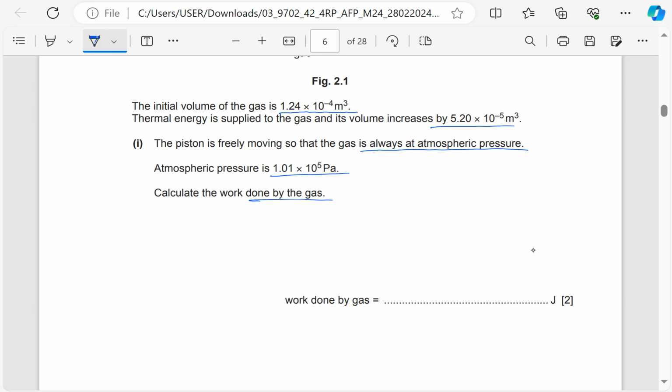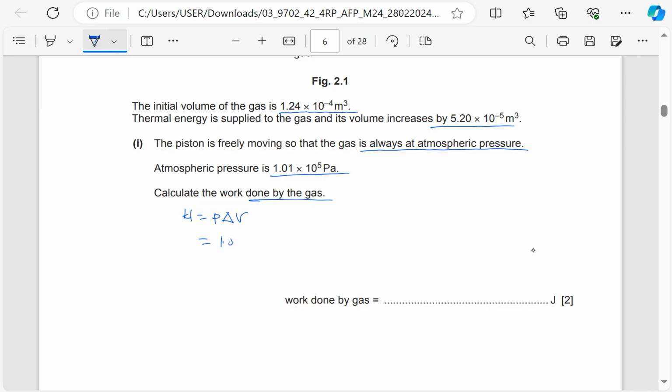Since the gas is pushing, the volume is increasing, so the work done by the gas is going to be positive, and the work done on the gas would be negative. If we wanted the work done on the gas, it would be negative because the volume is increasing. But since we want the work done by the gas, then it is going to be positive. So the work done is going to be pressure times change in volume.